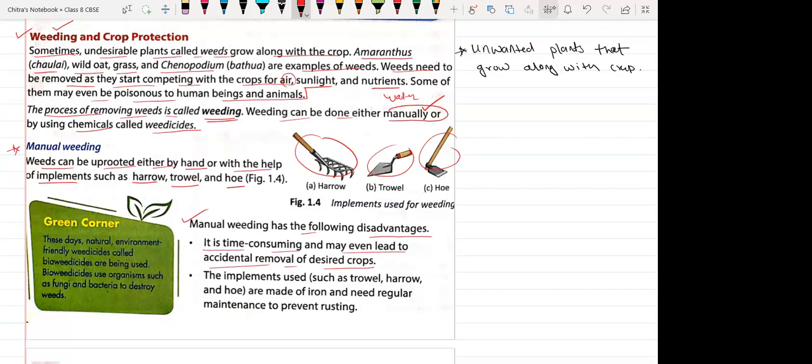While removing the weed plant, sometimes the crop plant may also get uprooted. Then the implements used, such as trowel, harrow or hoe, are made of iron and need regular maintenance to prevent rusting, because they get rust easily by the action of air and moisture.